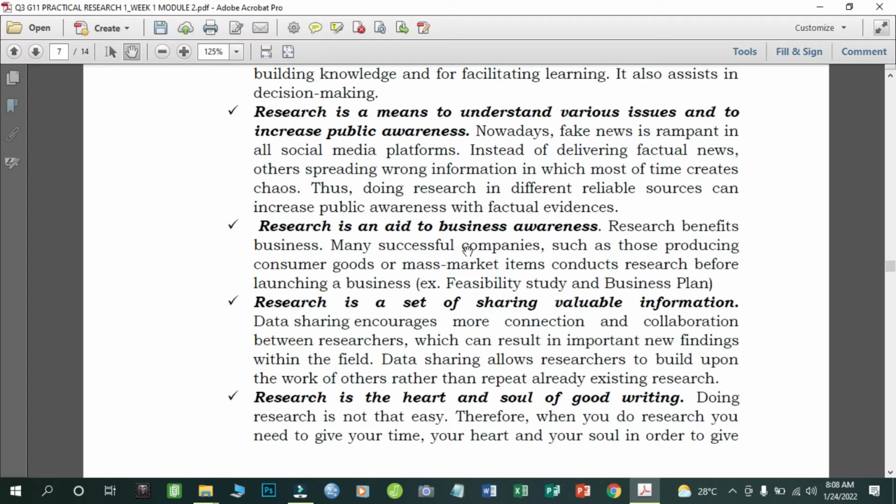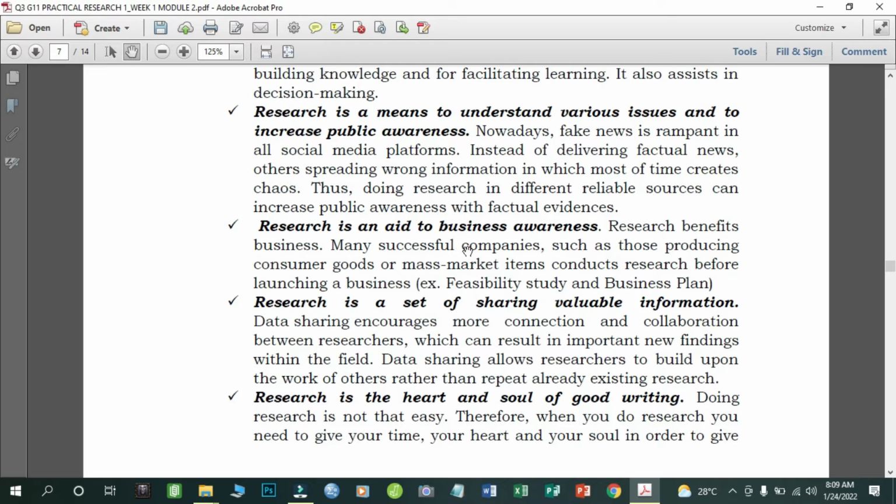I am able to see those people selling items online live in Facebook. Before they do that, absolutely they must do research. What would be the best goods or item to be sold? So you conduct a study or feasibility study.